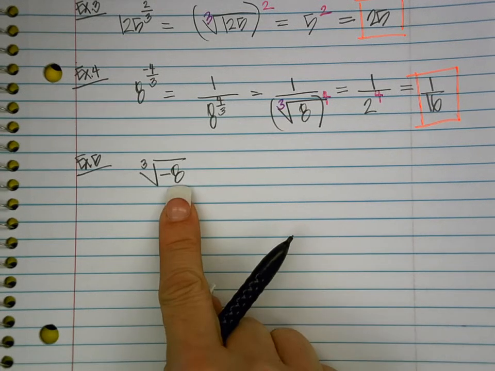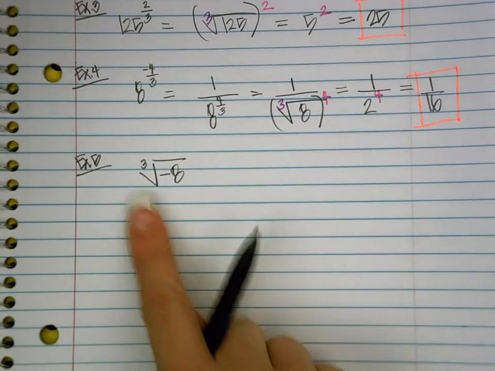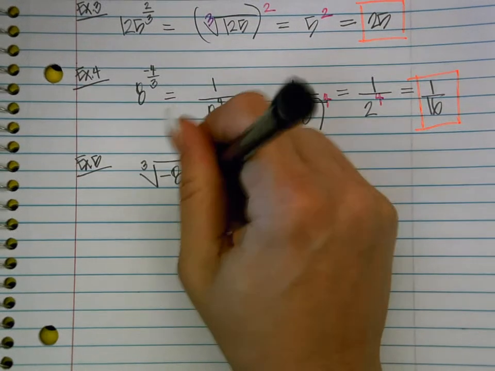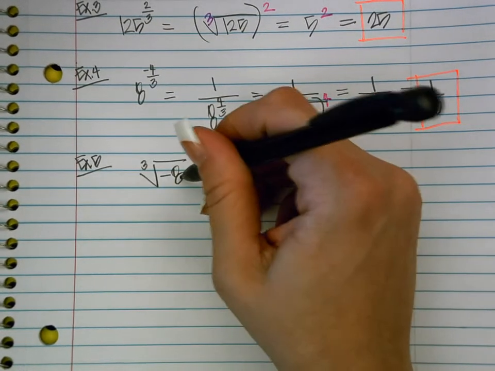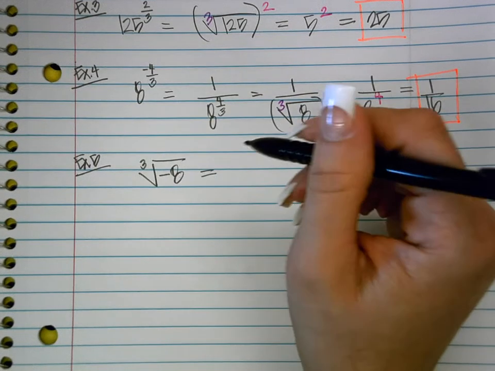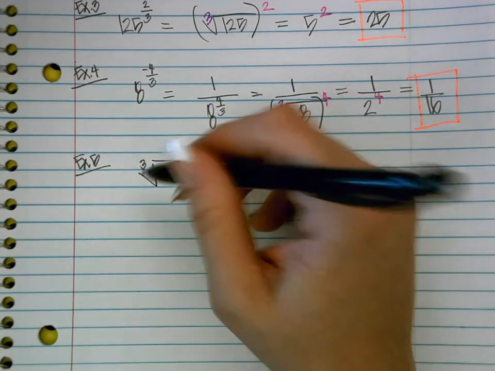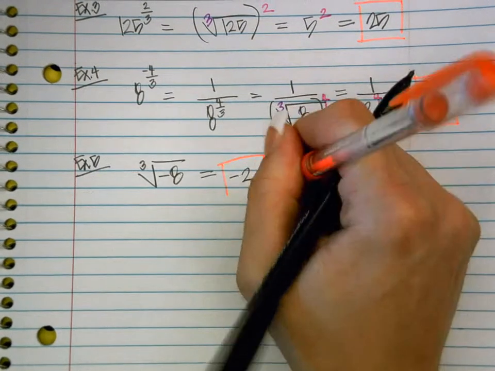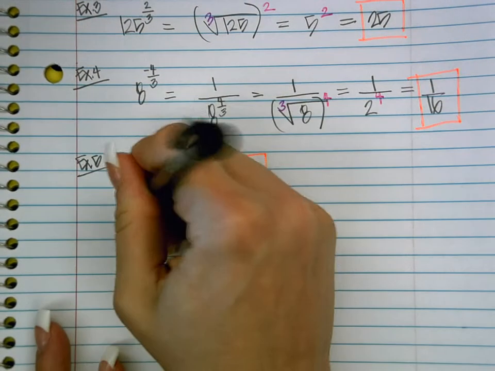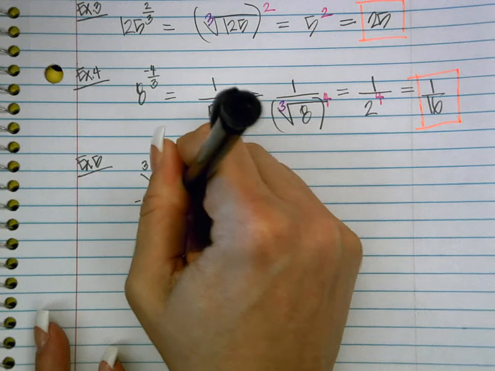Odd handle number, negative number always produces a what? Negative answer. So what multiplied by itself 3 times would give you 8? 2, and since it's negative, negative 2 is your answer. And if you want to check your work, negative 2 times negative 2 times negative 2.